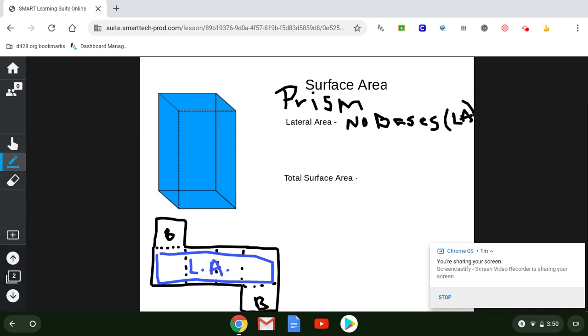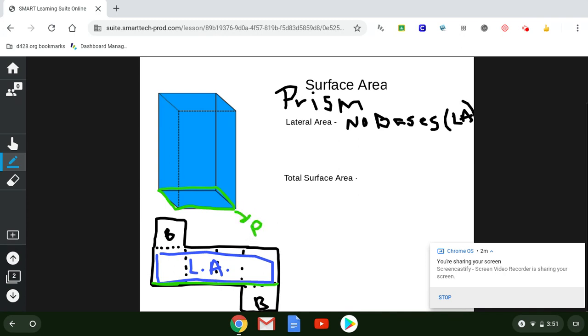Okay, that whole shape is a rectangle, and remember, to find area we take the base times the height of a rectangle. Now if I take a look at the base of this rectangle, I'm talking about each edge here. This ends up being the base of that lateral area, which ends up in reality being the perimeter of the base.